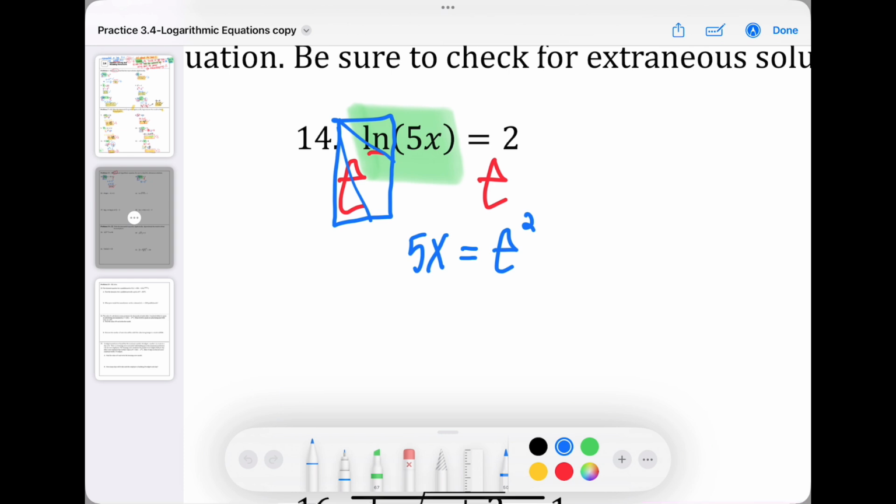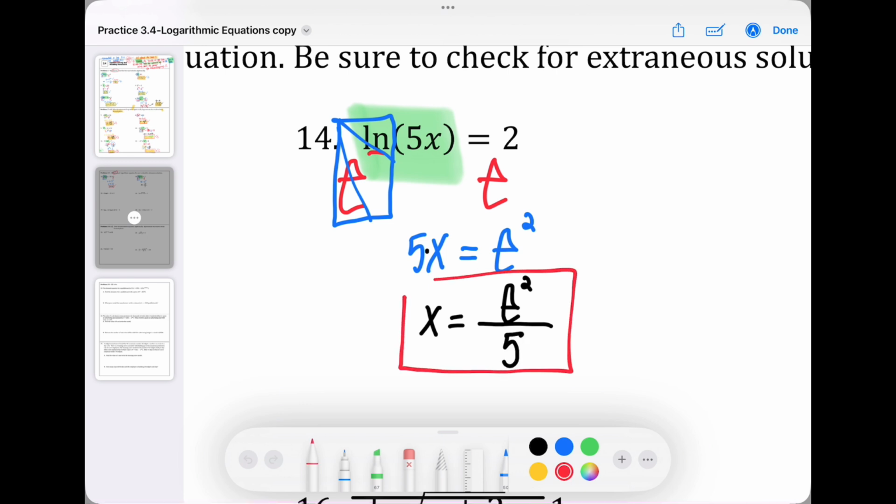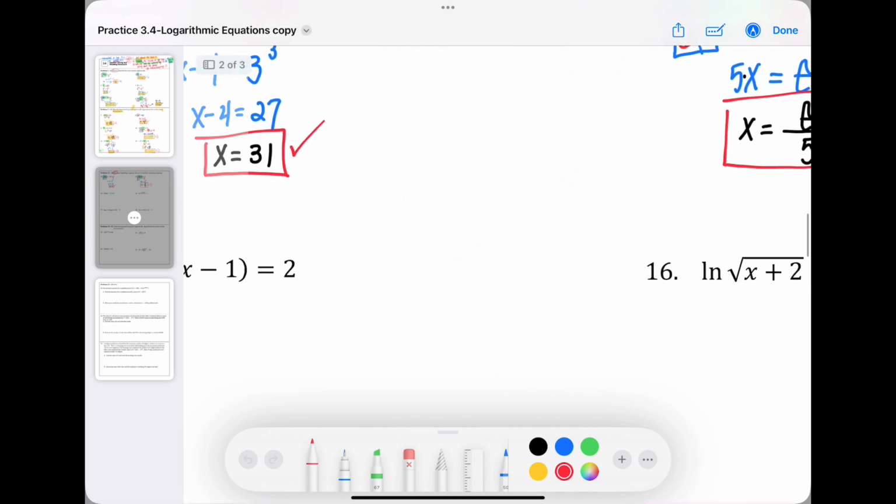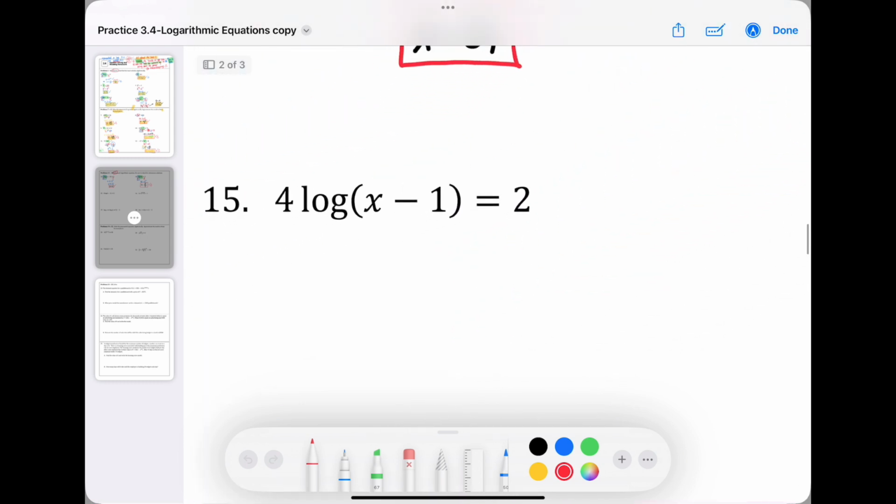I got 5x is equal to e to the power 2. Do not overthink. E to the power 2 is just a number, okay? So now, solving that, undo times 5, the opposite will be divided by 5. So my answer will be e squared divided by 5. And yes, indeed, you are amazing. That is correct. Moving on.